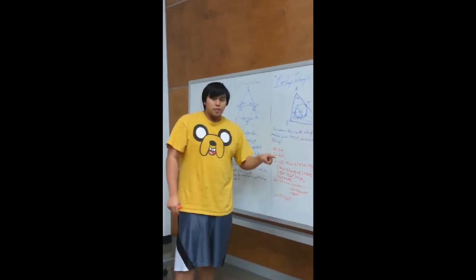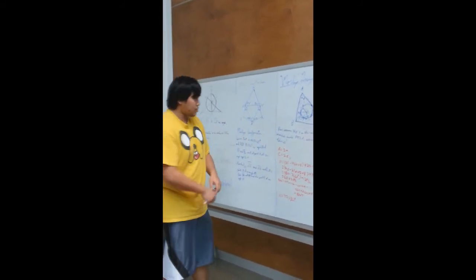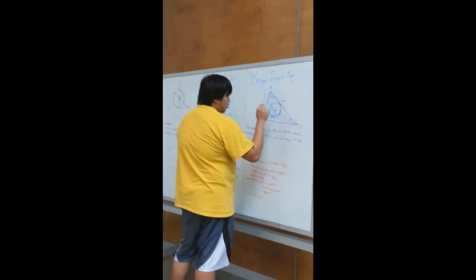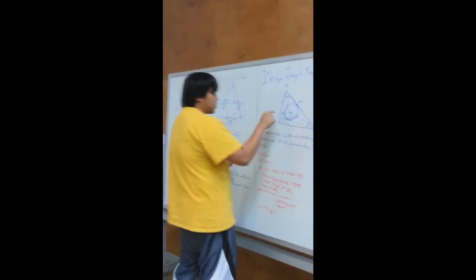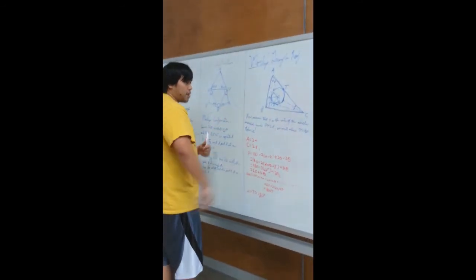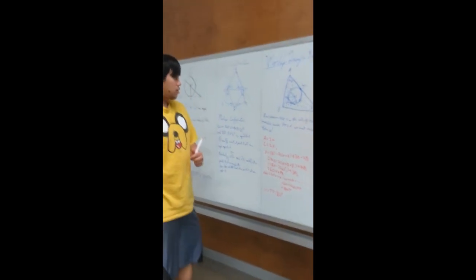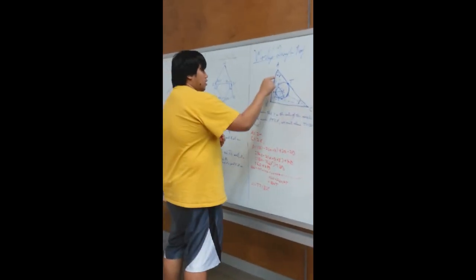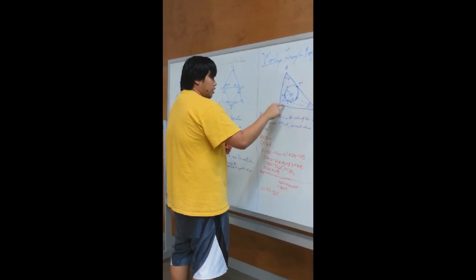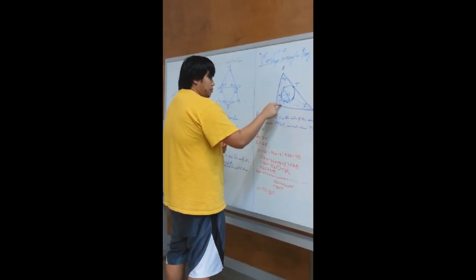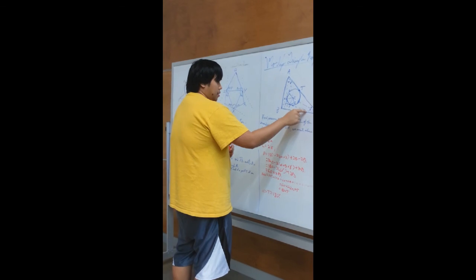And similarly for all the other sides, we can show that X, Y, and Z are incenters. And by construction, we can show that this is alpha, this is beta, beta, beta, and this is gamma as well.